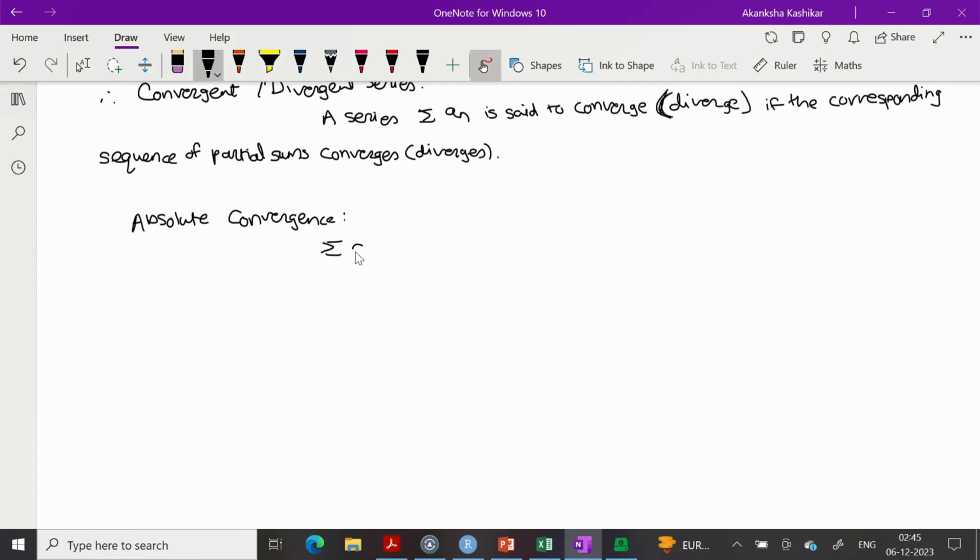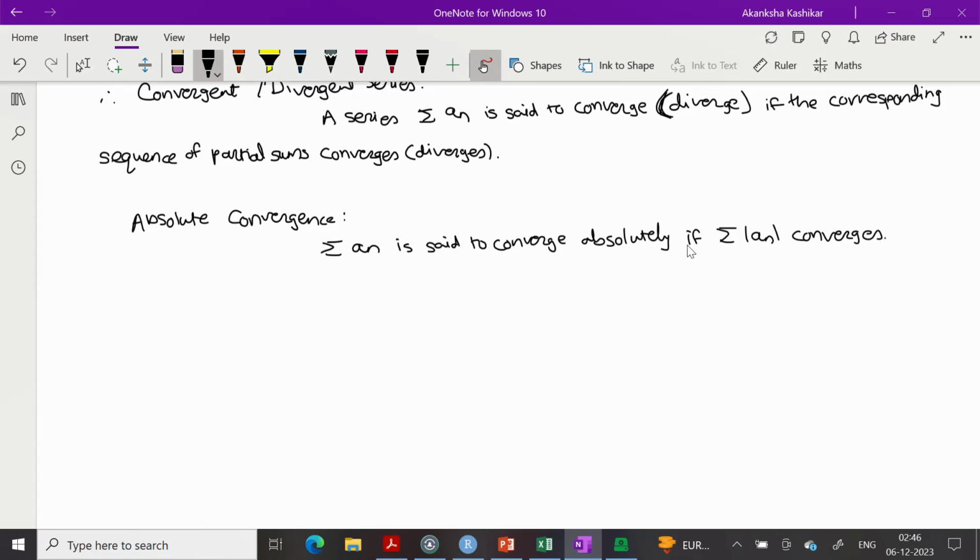A series summation a_n is said to converge absolutely if summation mod a_n converges. If the series of absolute values of terms converges, then we say that the original series converges absolutely.